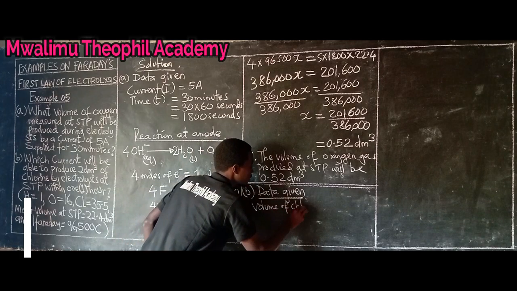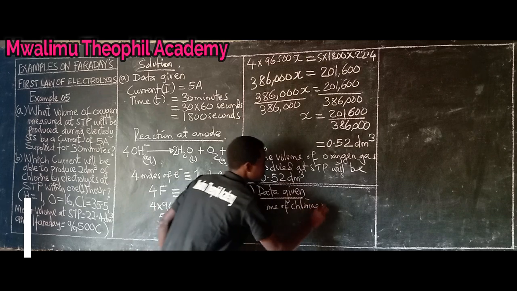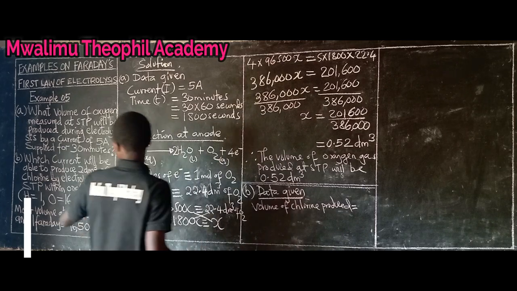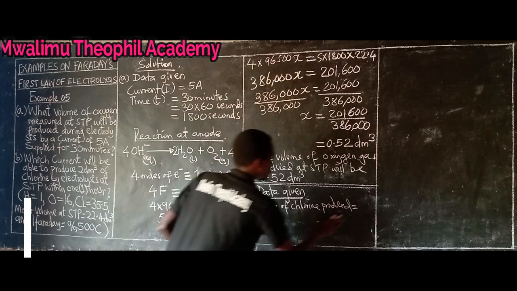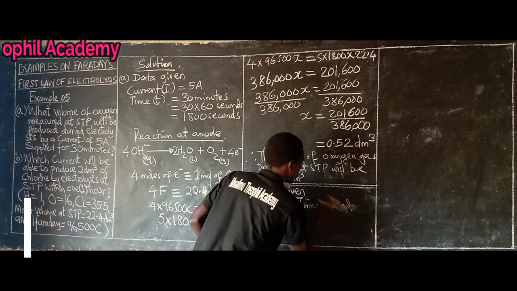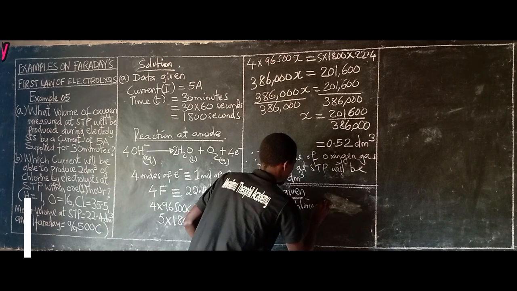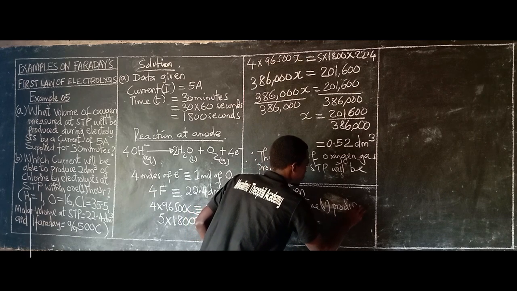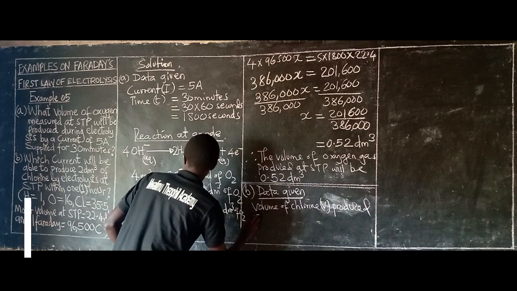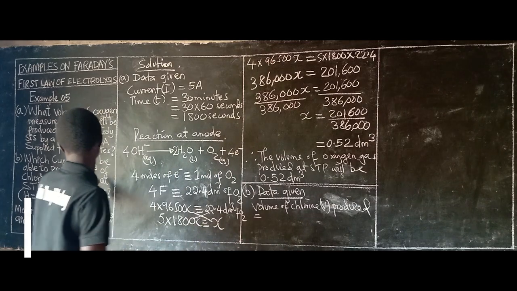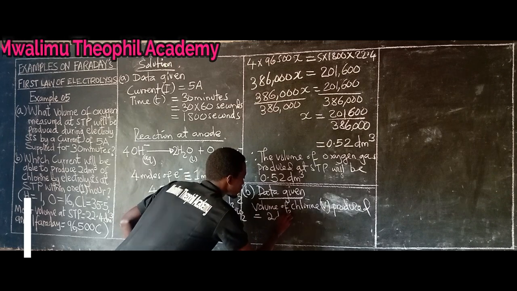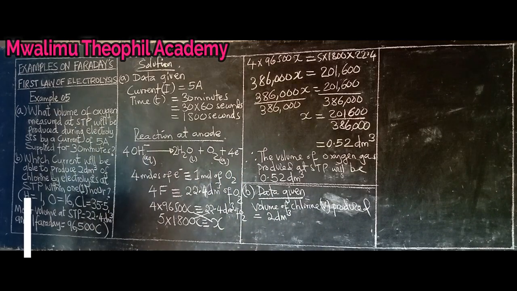The volume of chlorine produced is, we are given, 2 decimeter cubed. This is the volume of chlorine produced. Also, what are we given? We're given also the time.